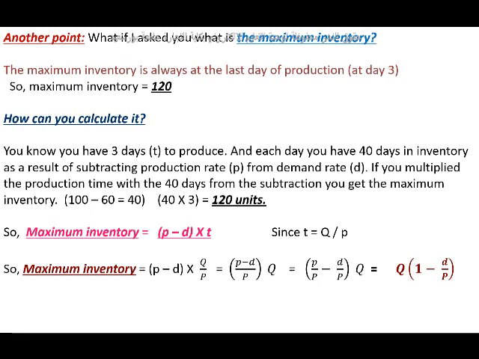Maximum inventory. I use the laser here to show you. Maximum inventory, as I said, will be equal to T times P minus D. You have T equal 3, P 100 minus D 60. This will be 120.